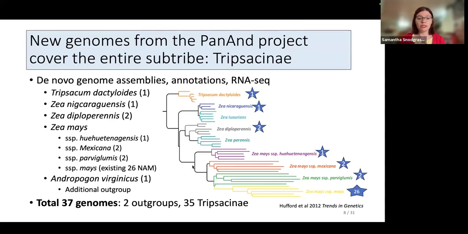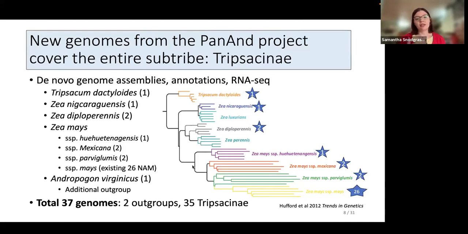We got two for Zea diploperennis. Those are pretty heterozygous, and we'll talk about that in just a bit. As well as genomes for all of the subspecies of maize. In addition to the existing NAM lines, we have a total of 35 Tripsacinae chromosome level assemblies that we can use for this analysis, which is pretty remarkable.